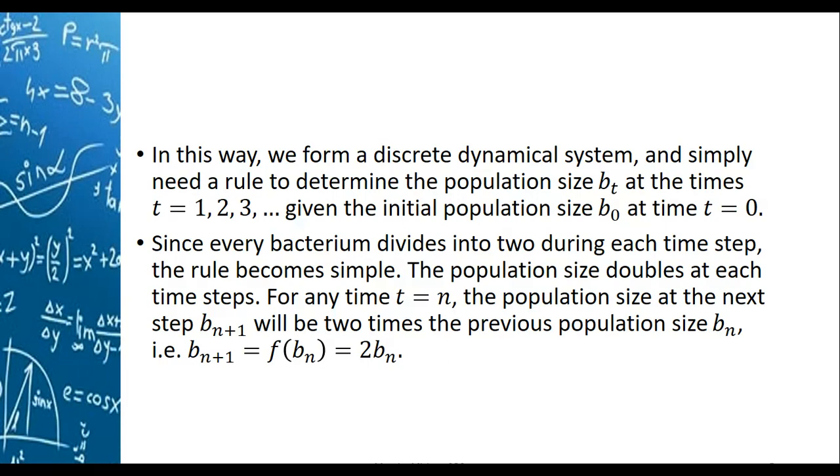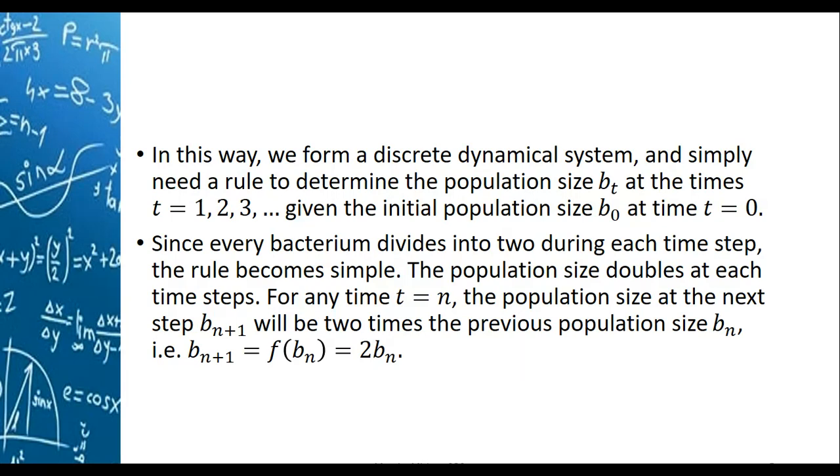It may not necessarily be so, but to make it simple for us to study, we assume that. Since every bacterium divides into two during each time step, we can approximate the population size at the next step.